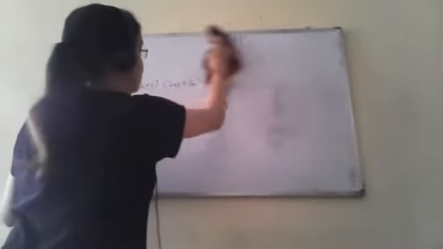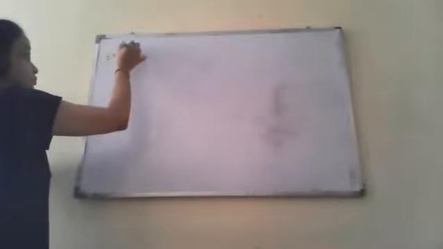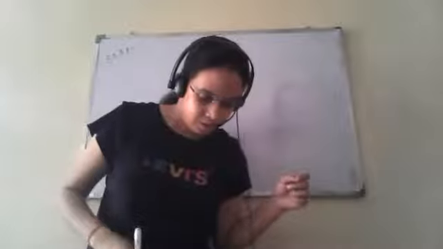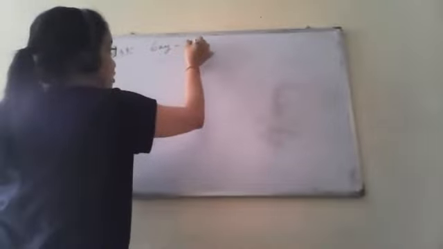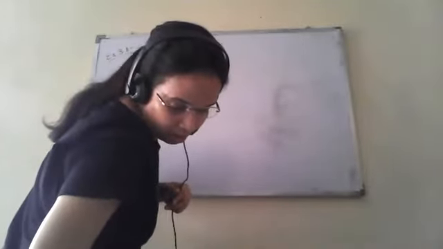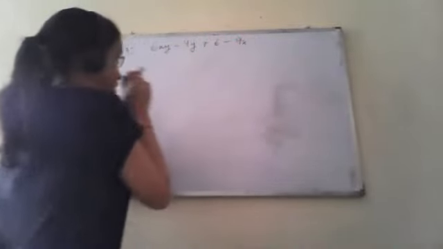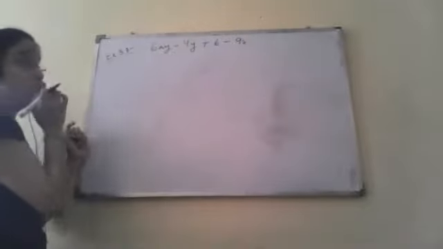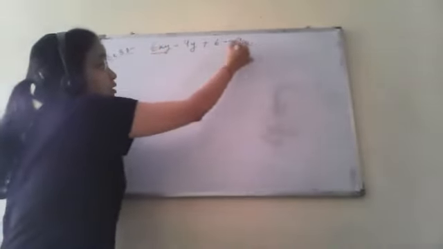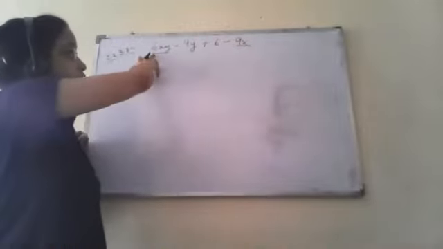One more example, example number 3, page number 220. The example is 6xy minus 4y plus 6 minus 9x. Now what we can do is rearrange these terms together, because we are saying there is something common in it.